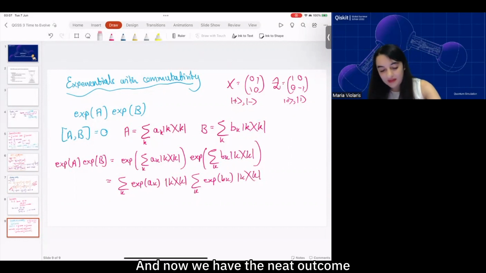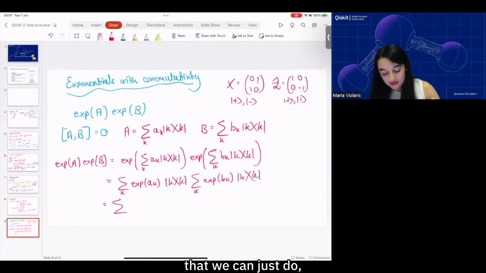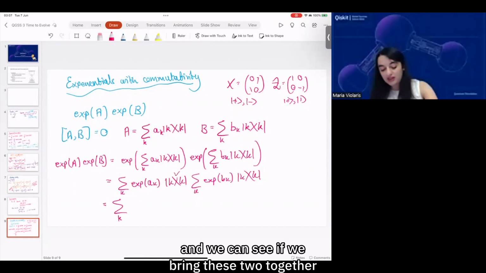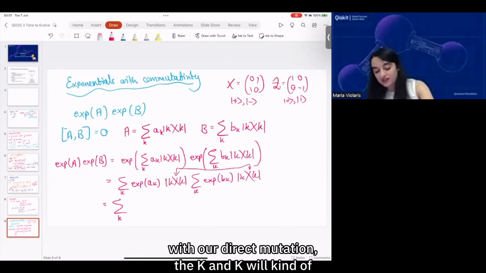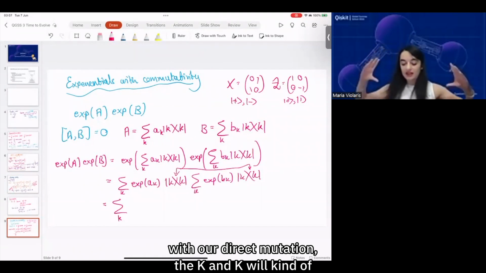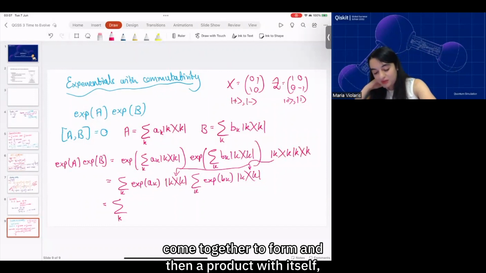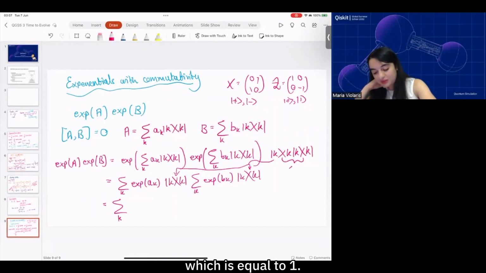And now we have the neat outcome that we can bring these exponentials together, and if we bring these two together with our Dirac notation, the k and k will come together to form an inner product with itself, which is equal to 1.